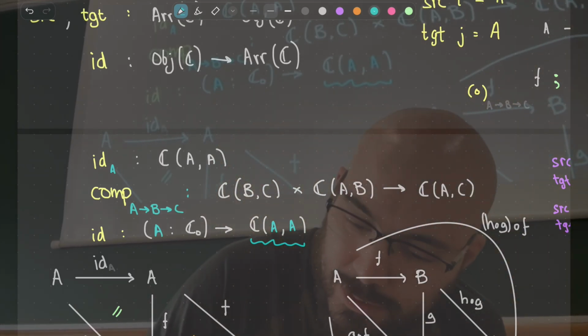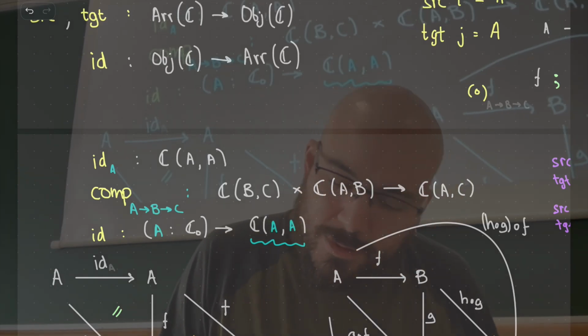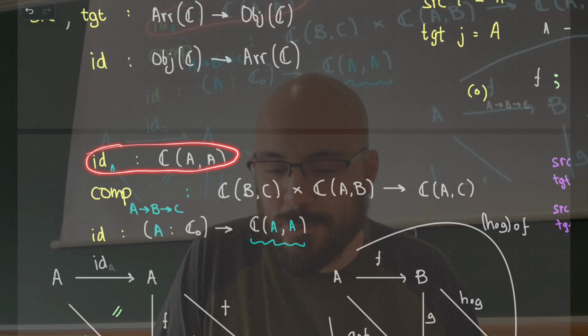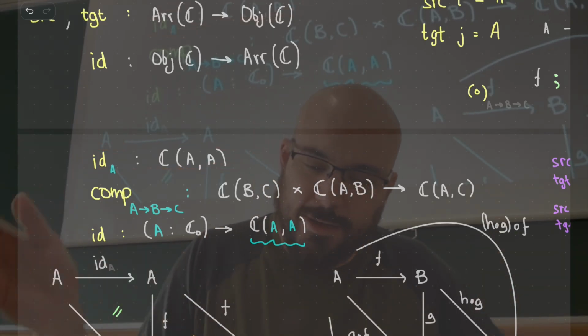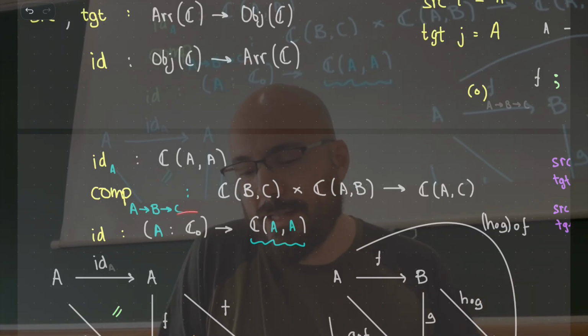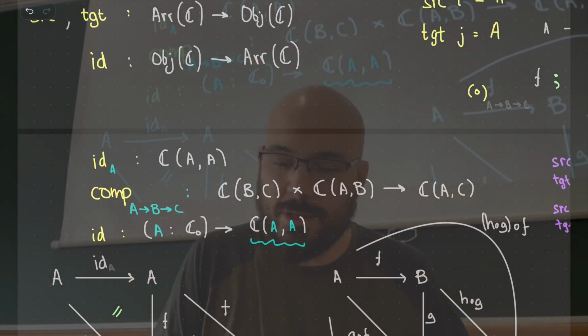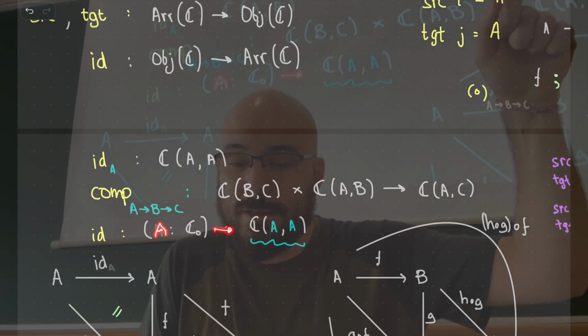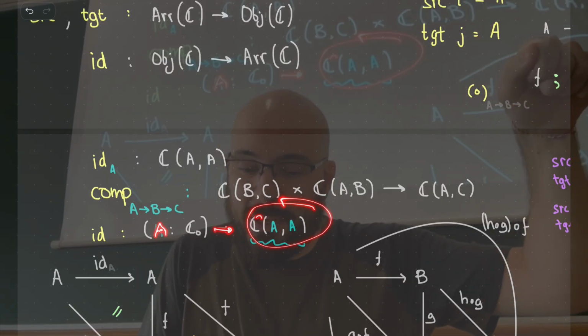If you're not doing dependent type theory, it's easier on the eye to see it like that. You parameterize A, you hide this A here, and you have a family of A's. Or if you want to deparameterize it, you can see it as a dependent function. It takes an object A and gives back something of this type, from A to A.